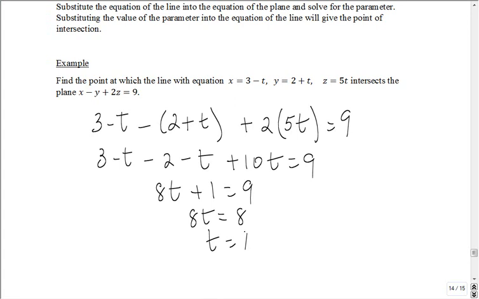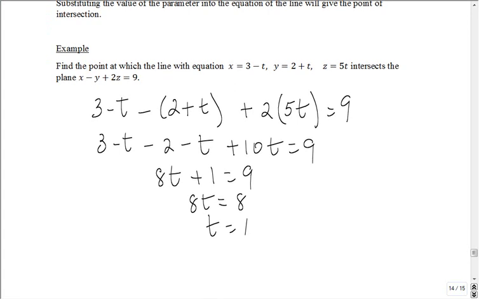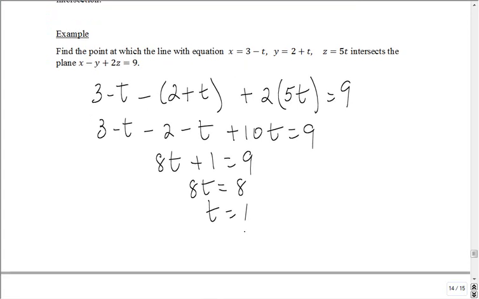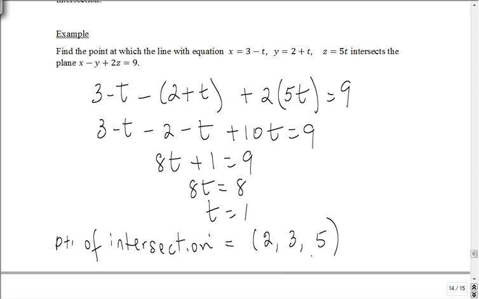How do we find the point now? You tell me. Put it into x, y, z. Okay? And so the point of intersection equals (2, 3, 5) upon substitution into the parametric equations. That's that.